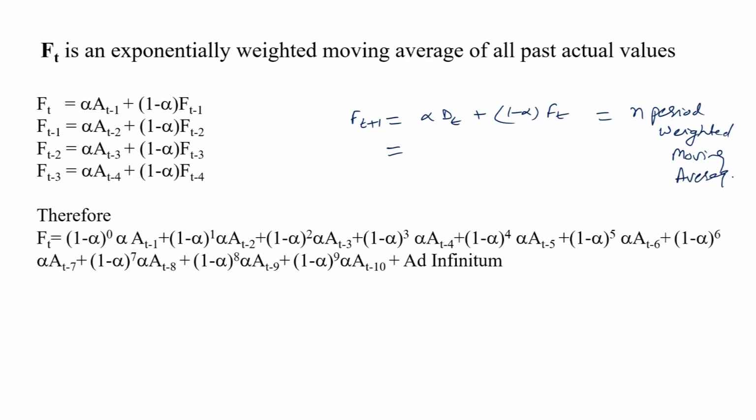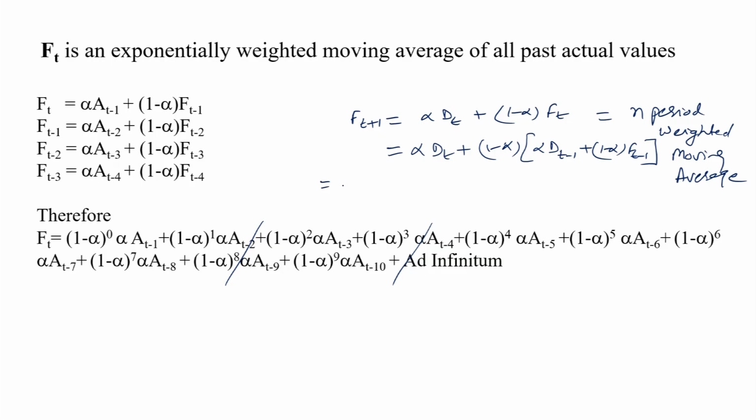How? Let us see, if we expand this. Let us do here alpha d t plus 1 minus alpha F t. What is F t? F t is equal to alpha d t minus 1 plus 1 minus alpha F t minus 1.